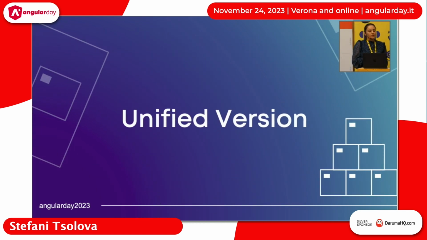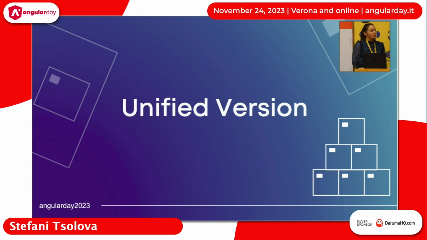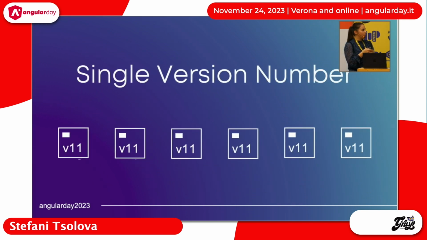One other thing that I wouldn't say is really a disadvantage, but it is something that you should be aware of. With one code base and the unified dependency and version, that meant that all of the packages now had a single version number. And why that might not be the best scenario?